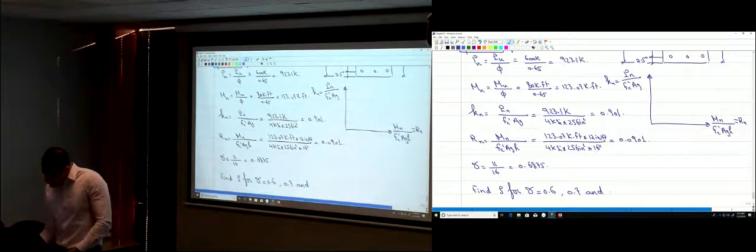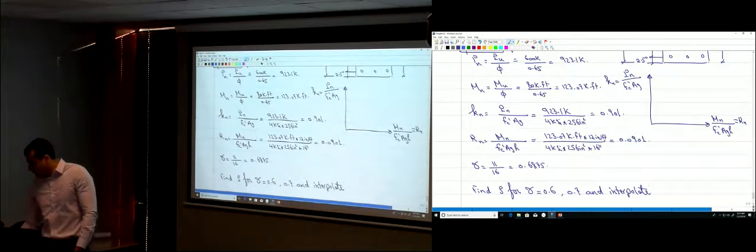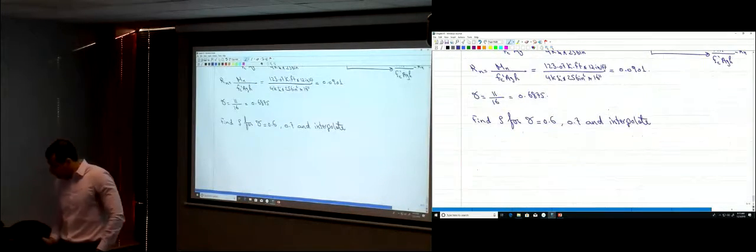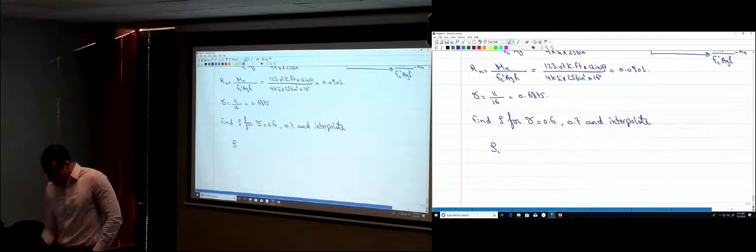Find rho for gamma equals 0.6 and 0.7 and interpolate. So interpolating, we're going to find that rho required is 0.0235.